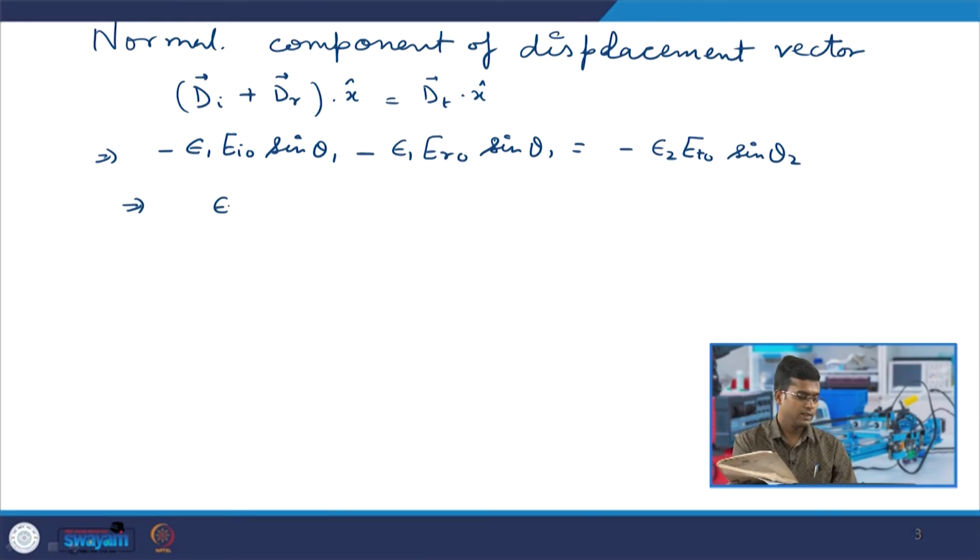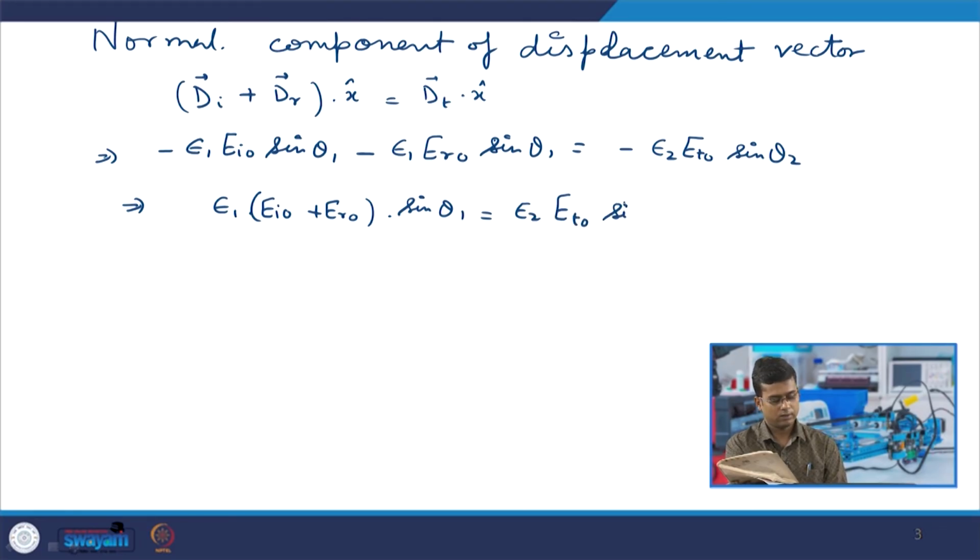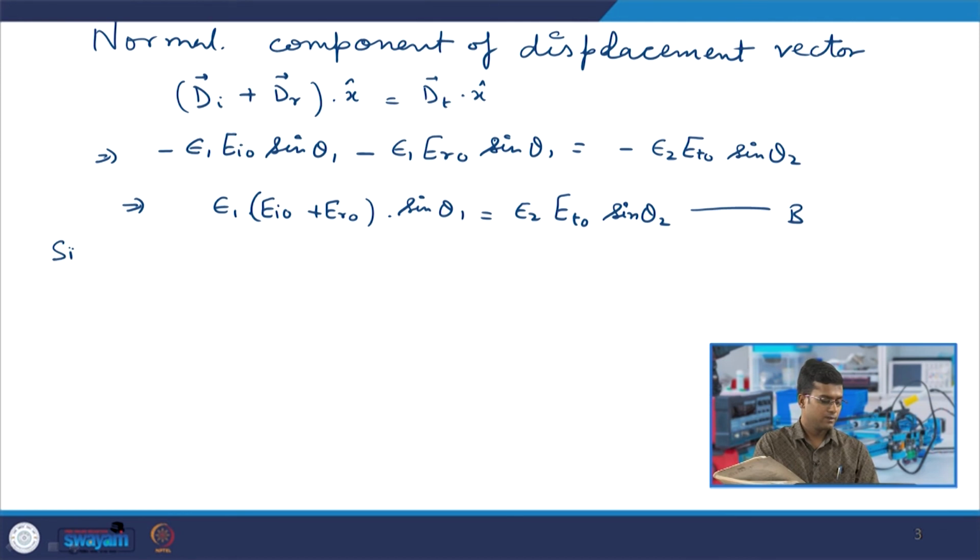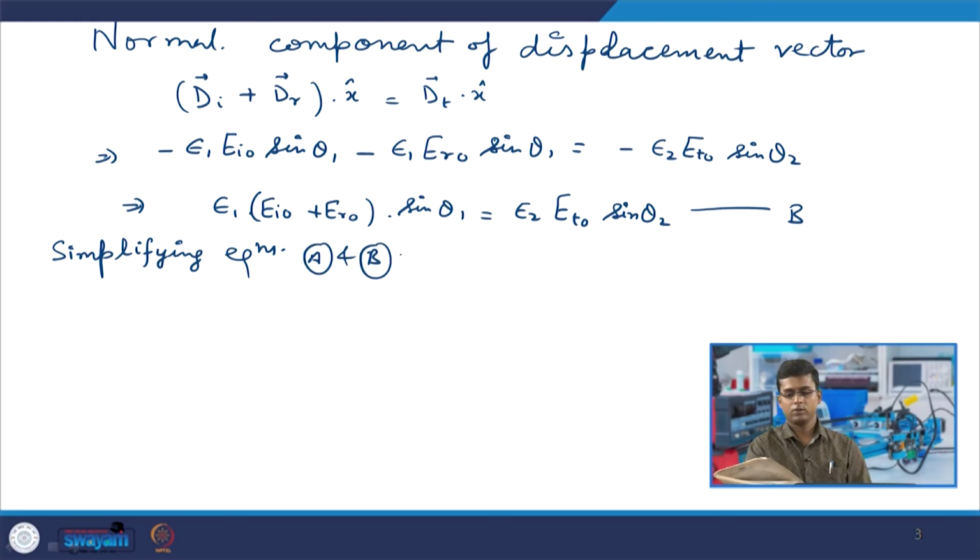You can simply write it as epsilon 1 (EIO plus ERO) into sin theta 1 is equal to epsilon 2 ETO sin theta 2. This is equation B. Now, let us simplify equations A and B.